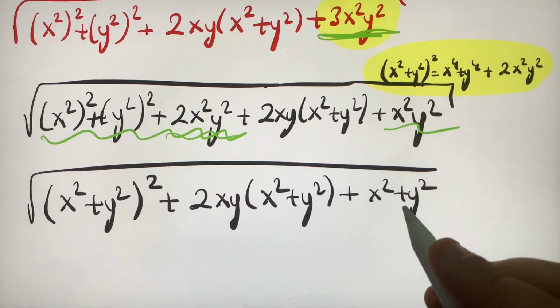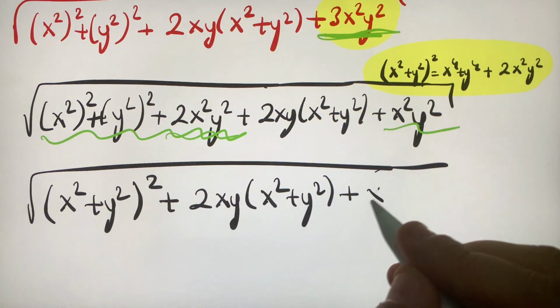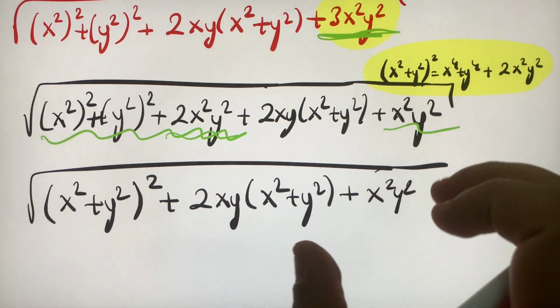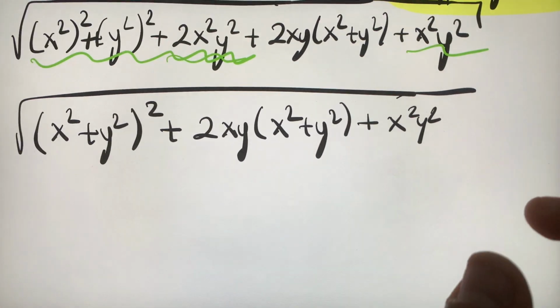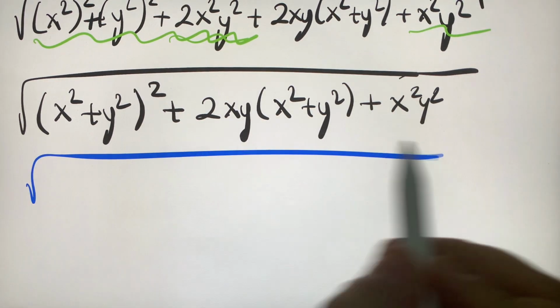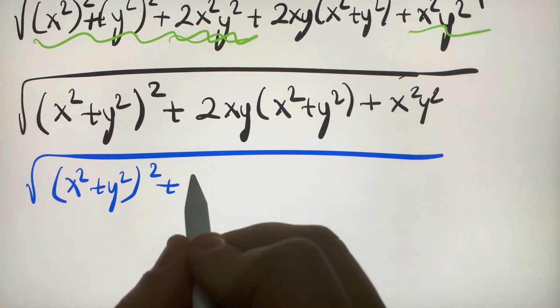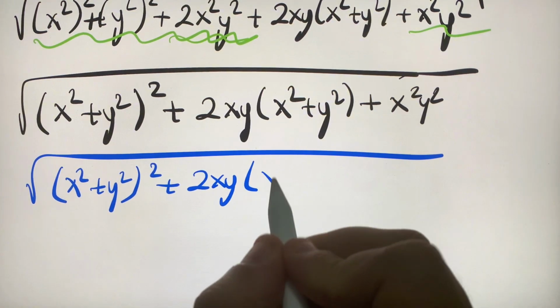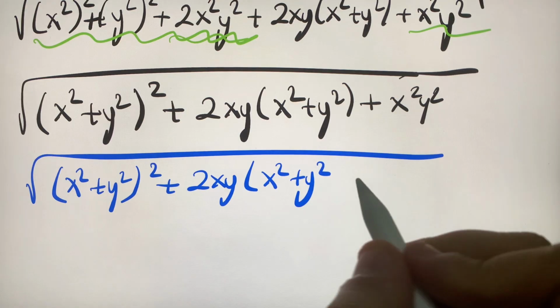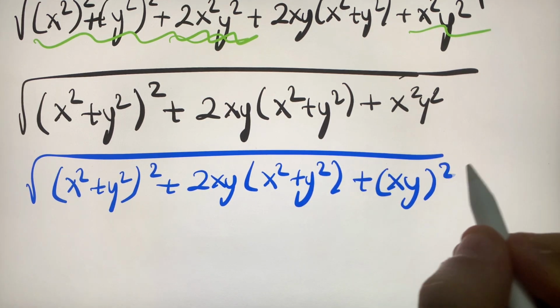I wrote this wrong, let's fix it right here. After that, one more step for you to see more comfortably: (x squared plus y squared) squared, plus 2xy times (x squared plus y squared), plus (xy) squared.